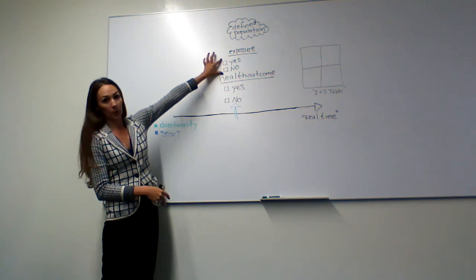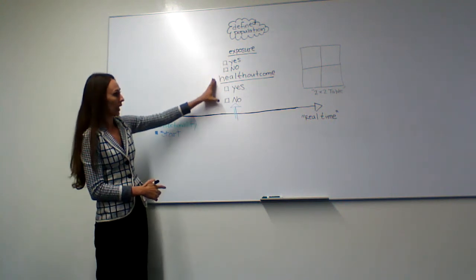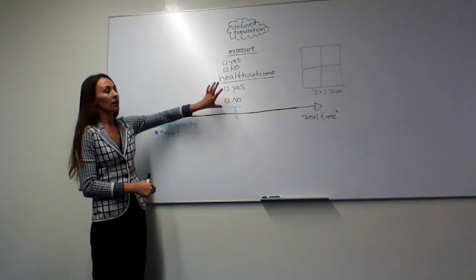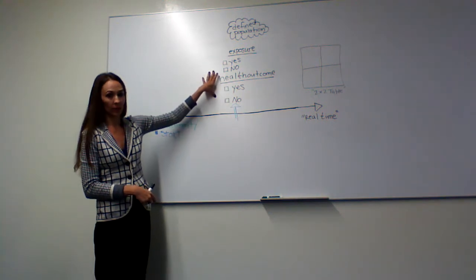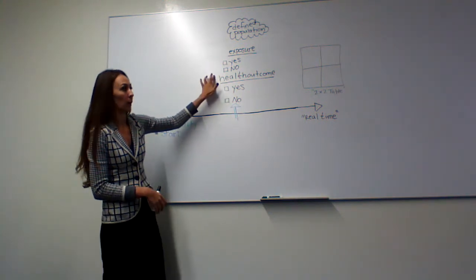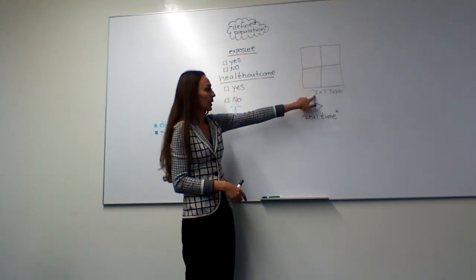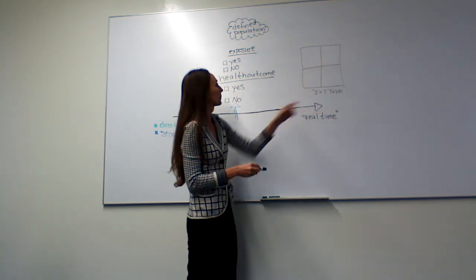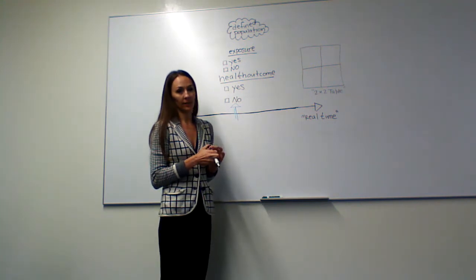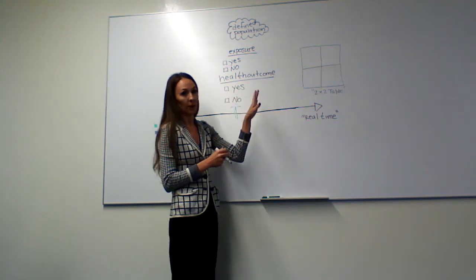There's two statuses for exposure and two statuses for outcome. So the number of possible combinations is 2 times 2, or 4. So 1, 2, 3, 4 boxes. That's why it's called a 2x2 table. Typically we put disease status on top of the box.